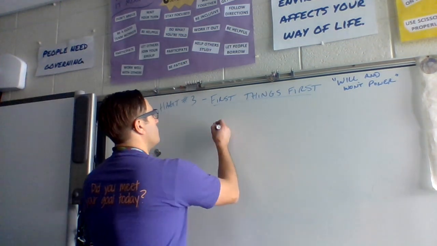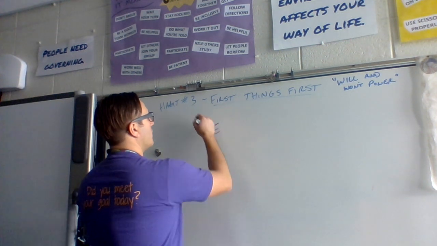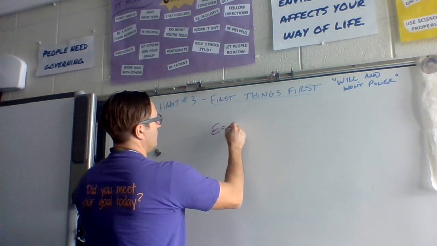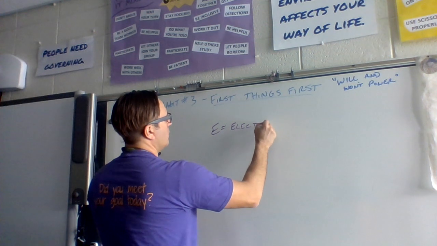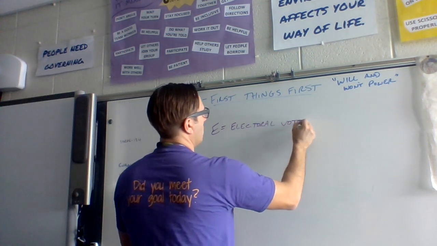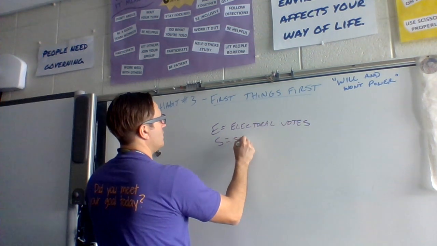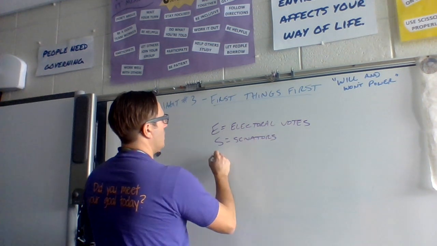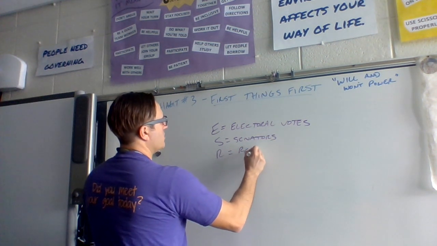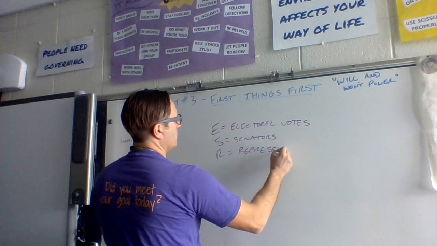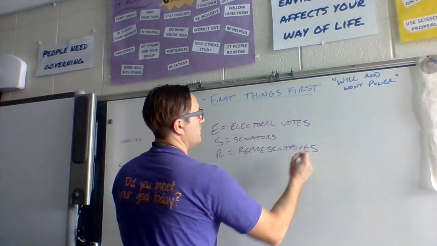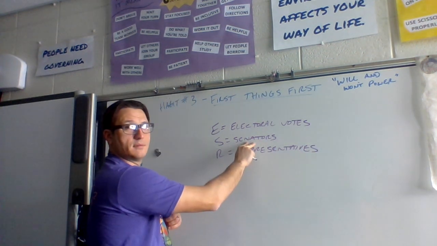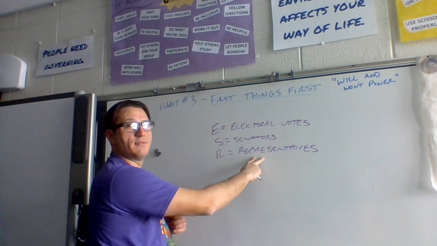So, electoral votes, we're going to call that E. So E is electoral votes. S equals senators. R equals representatives. This is in Congress, right? Senators in Congress and representatives in Congress.